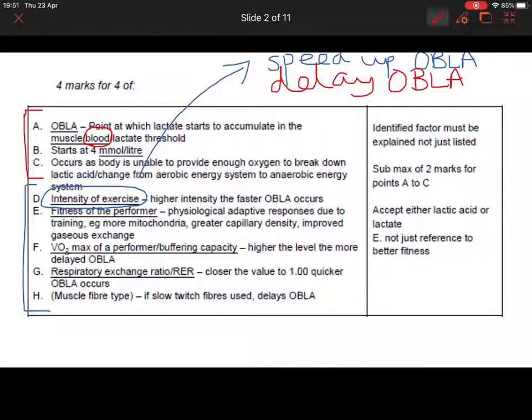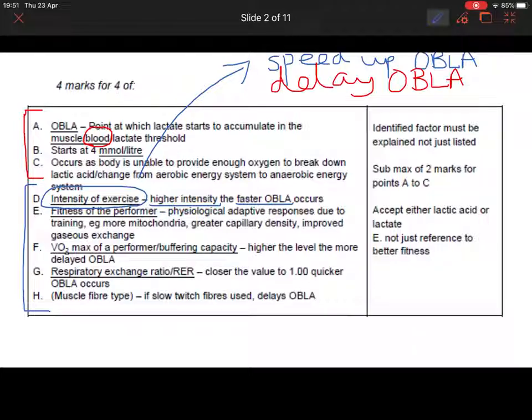So if I just change back to my blue, you can see there, faster OBLA. So if the intensity of the exercise is higher, that will speed up OBLA. And vice versa, you could say that the lower the intensity of exercise, that would delay OBLA.